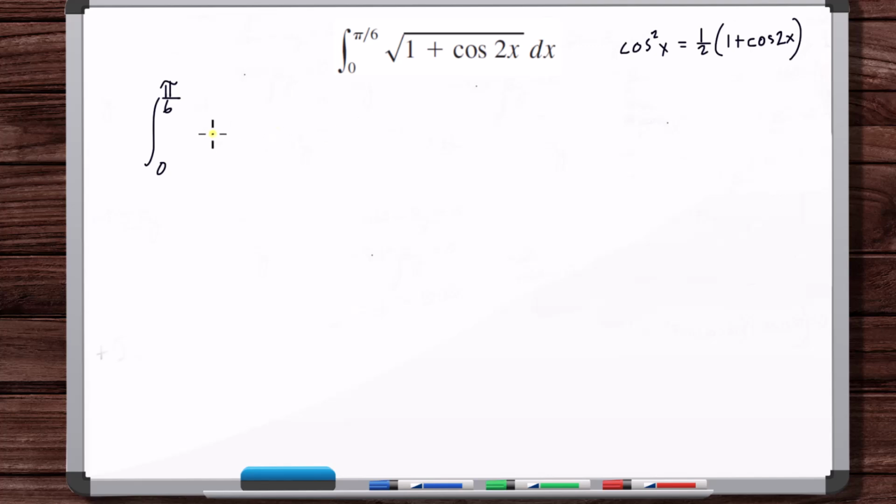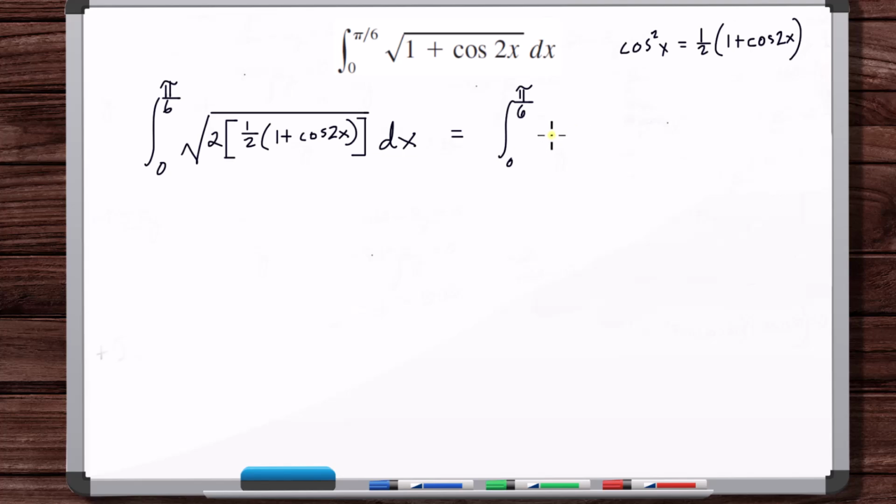So if we write this like that, then we can say this is 2 cosine squared x.